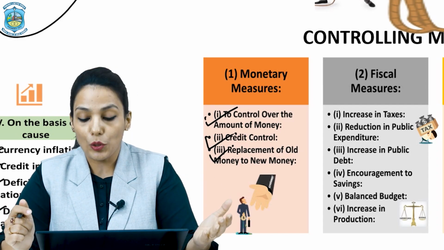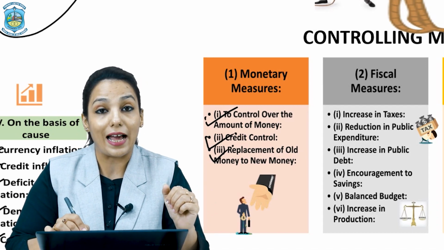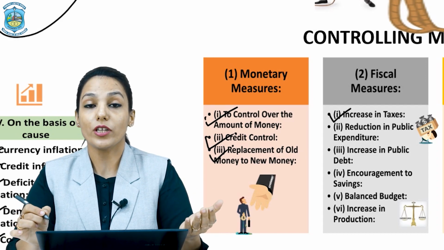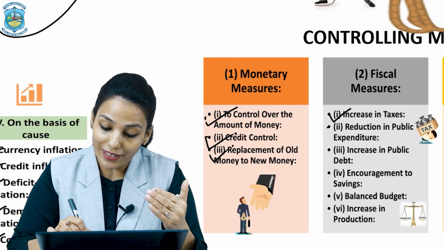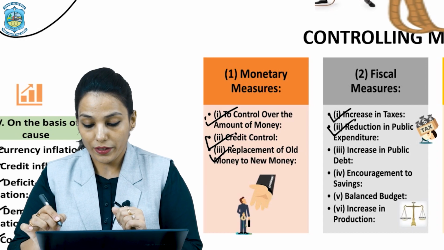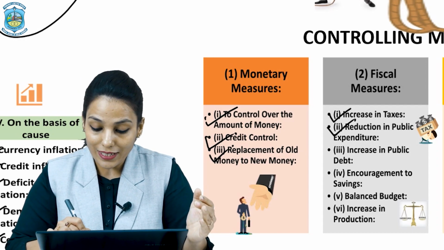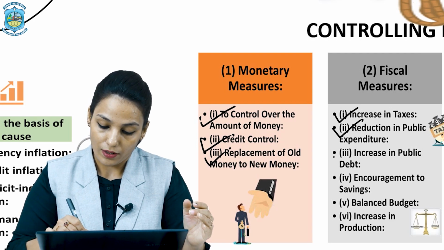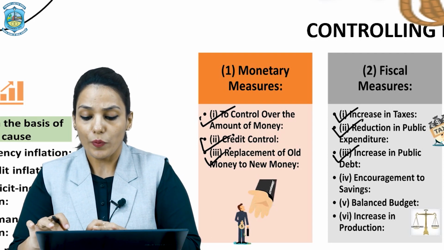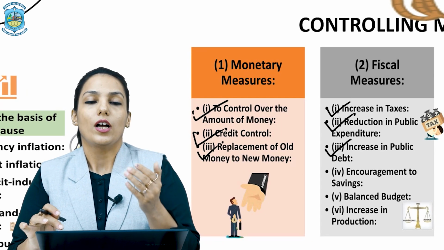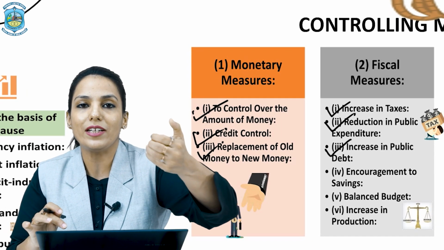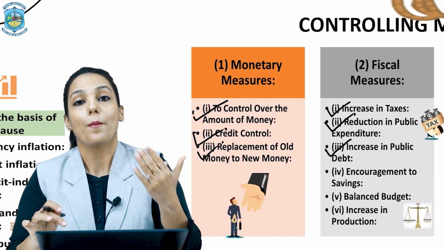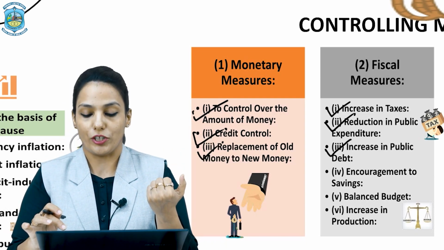Fiscal measures include increase in taxes so that people have less money with them, or reduction in public expenditure so that again money flow in the economy decreases, or increase in public debt, which leads to the government having a surplus by removing this excess money from the general public.